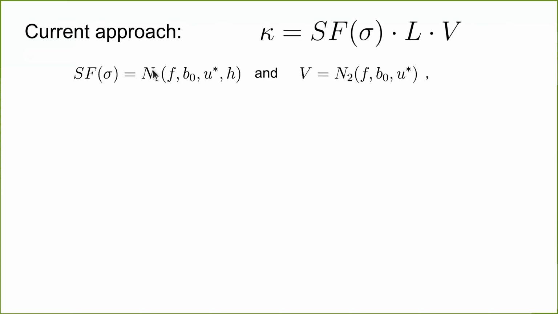The shape function is obtained by using a neural network N1, which needs latitude, surface heat flux, surface wind stress, and the boundary layer depth as inputs. And the characteristic velocity is obtained from a second neural network N2, which requires latitude, surface heat flux, and wind stress as the inputs.